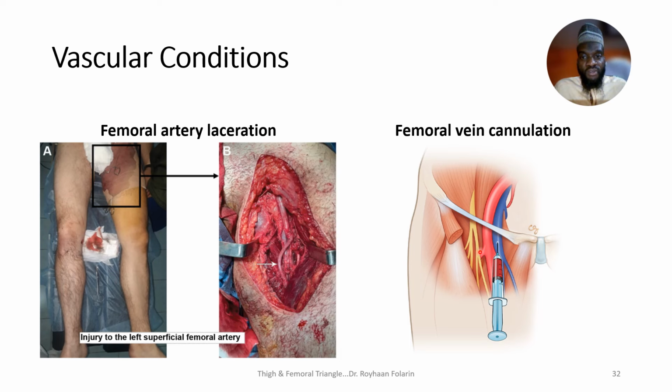And you also have here femoral vein cannulation. So it's another important vascular scenario to highlight. It's a procedure that is often used when patients are critically ill for the administration of medications or fluids, or even in hemodialysis.